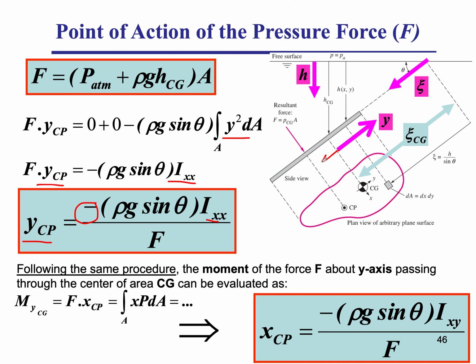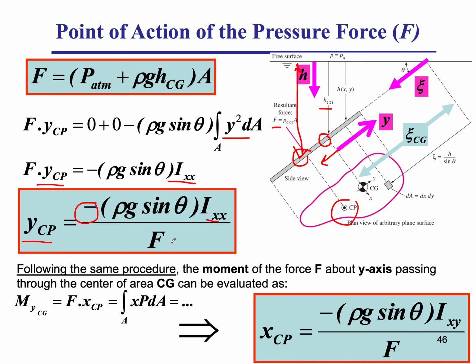Which means, as we started by predicting, it's always going to be located at a higher depth. The action point of the net hydrostatic pressure force F, which we call CP, is going to be located at a higher depth than the center of gravity, which is located at a depth of HCG.